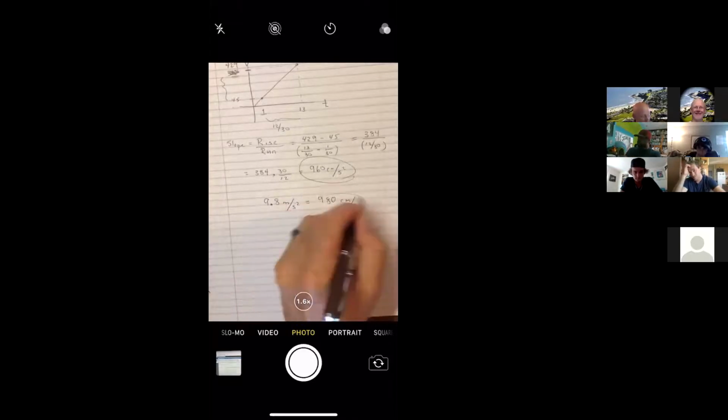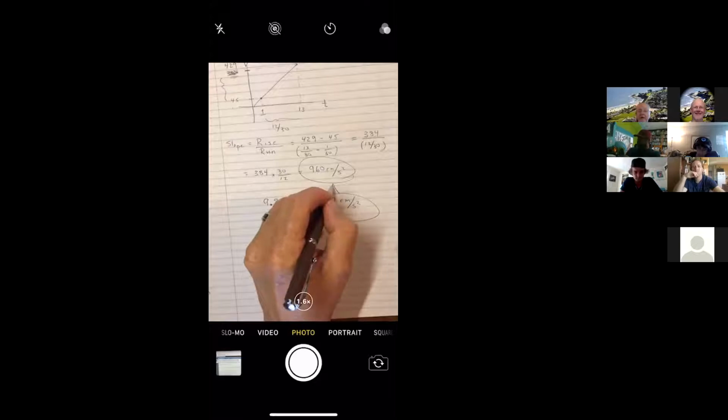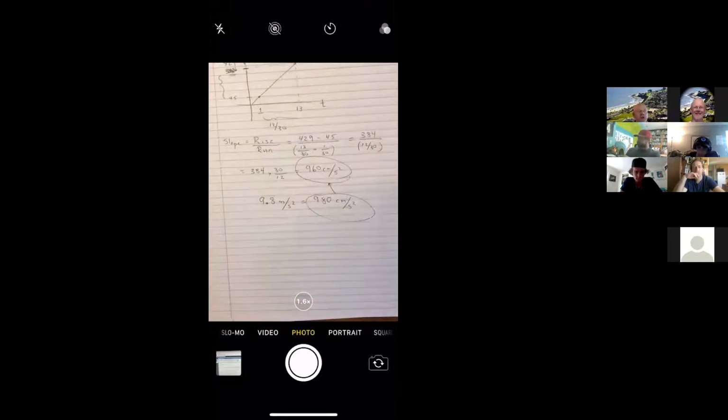So this number is very close. What we actually measured is very close to what you've been told in class. And so that's the answer they want to give you in number 8 when they say, is this a good number? Is this reasonable? Does it make sense?